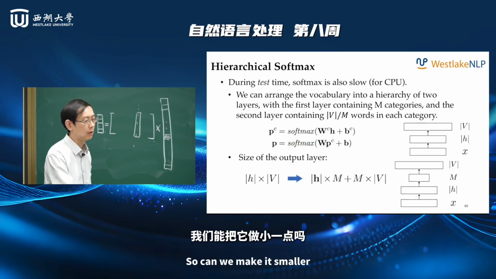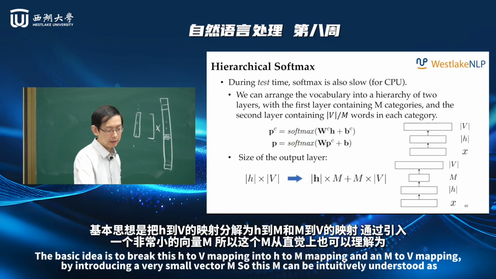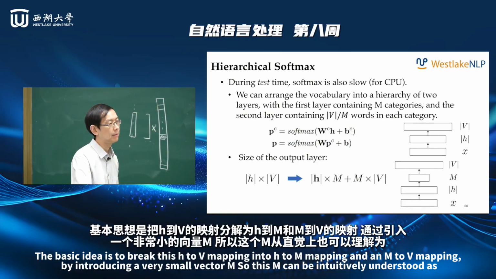So can we make it smaller? The basic idea is to break this H to V mapping into an H to M mapping and an M to V mapping by introducing a very small vector M, okay?